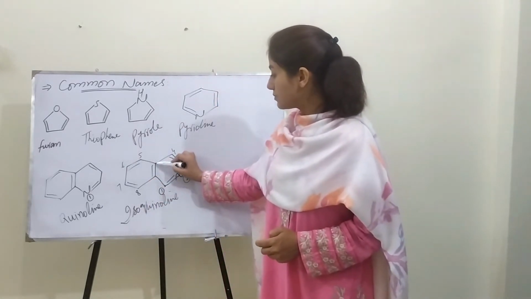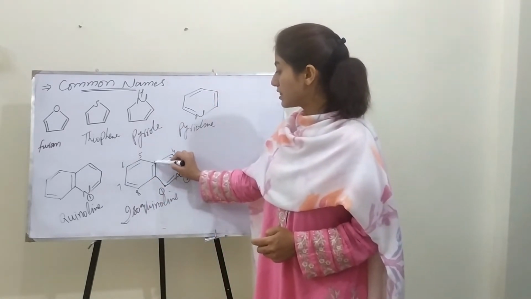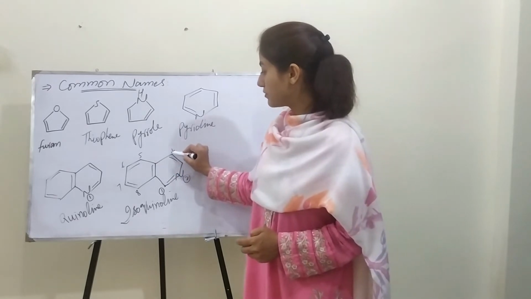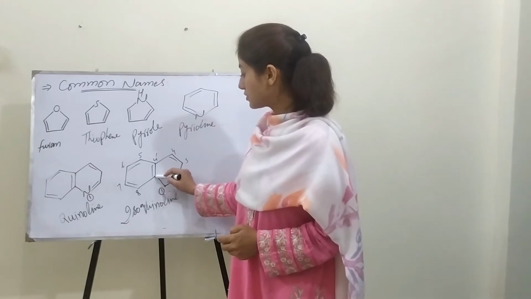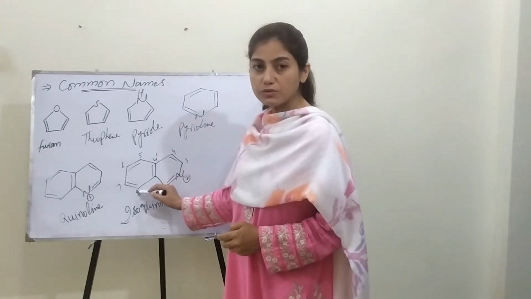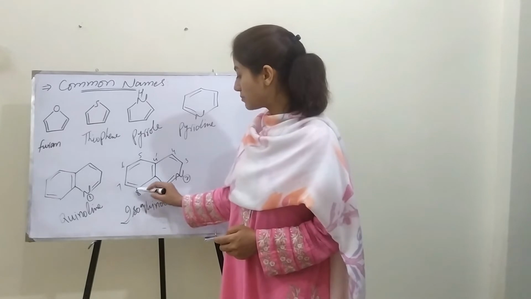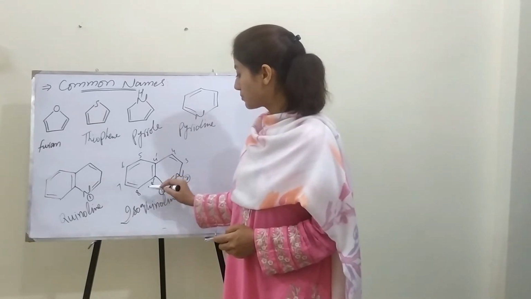Now this fused position would be given number with respect to this previous one, that is 4 prime, and this position would be given number with respect to this previous one, that is number 8, so it would be 8 prime.